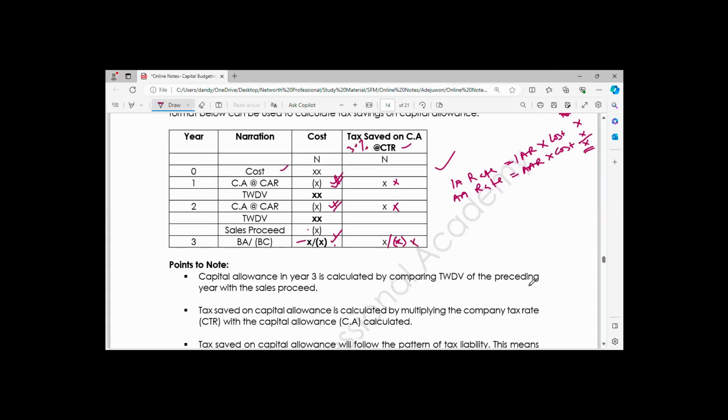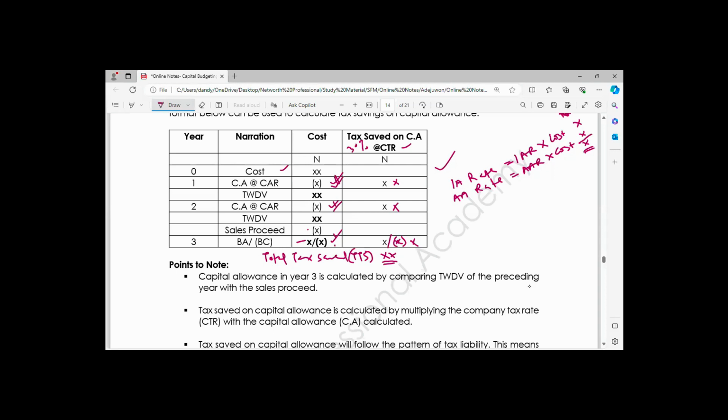After this, immediately I finish calculating my tax saved on capital allowance, I need to add everything together. This will give me the total tax saved, TTS.